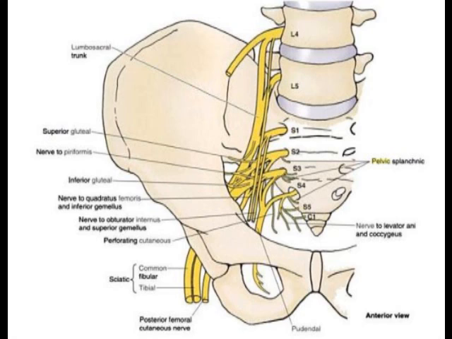These are the holes, also known as foramen, where the nerves come through to become the pudendal nerve and its branches.